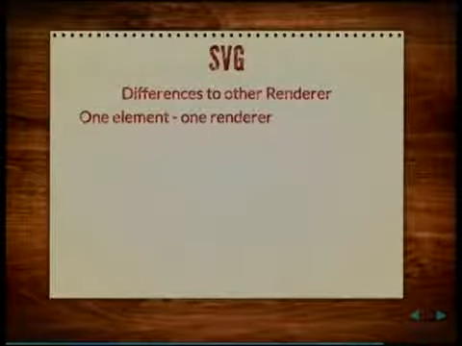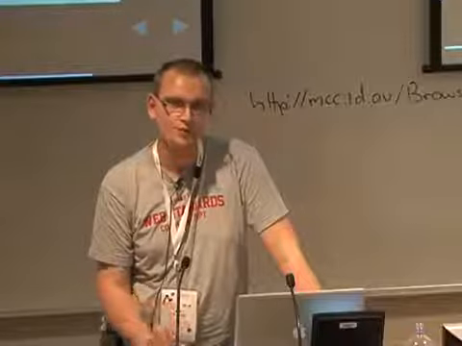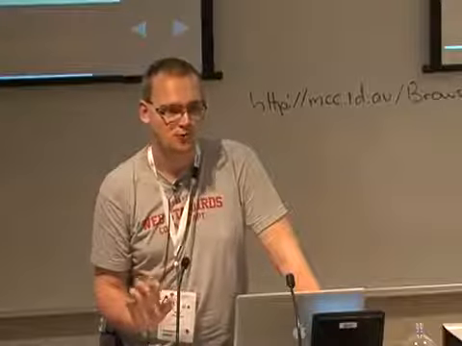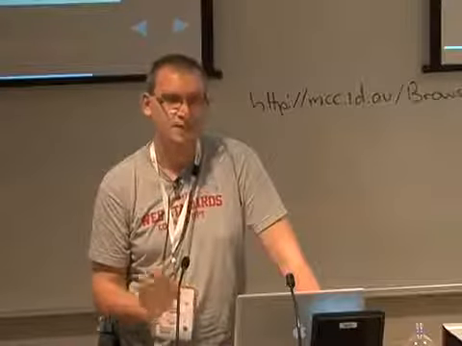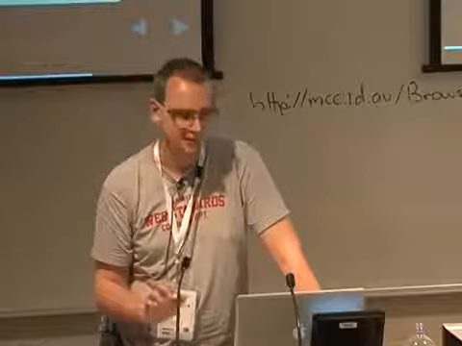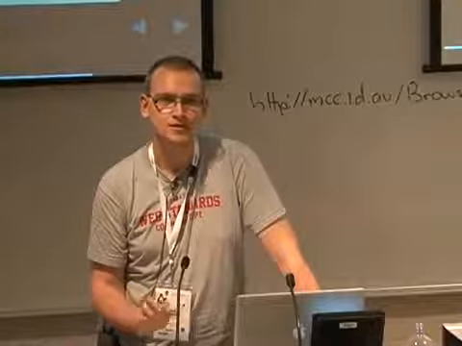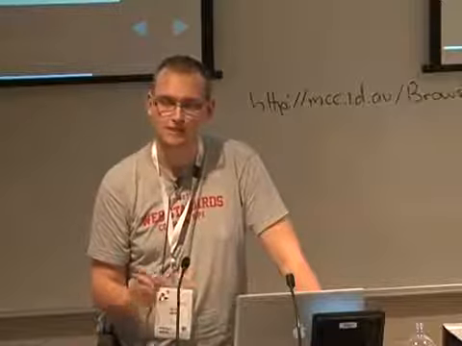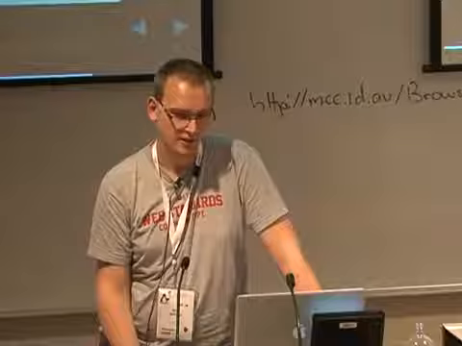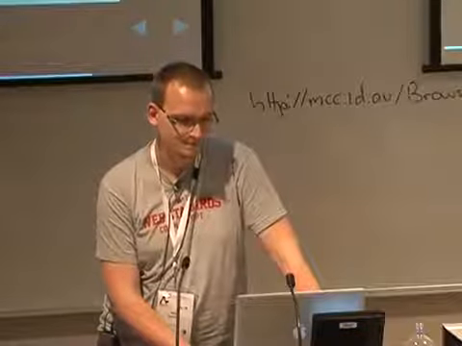We also have some differences there because mostly every element is actually drawing something or responsible for drawing, and therefore every element has a renderer. There are exceptions like the display none case, where we also do not create a renderer, but in general, even for groups or for the boxes, I'm not sure if you're familiar with SVG, all these elements create a renderer in SVG.